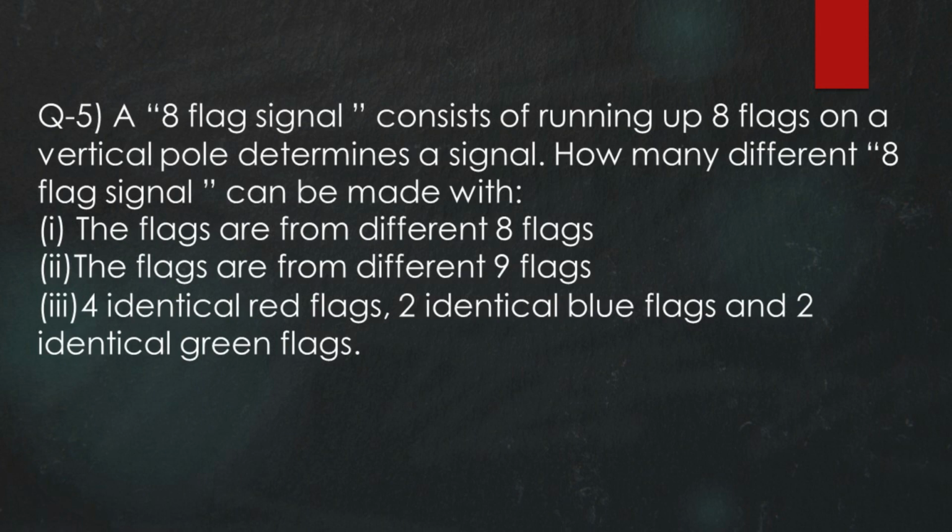An 8-flag signal consists of running up 8 flags on a vertical pole. Each arrangement determines a signal. How many different 8-flag signals can be made if the flags are from the different 8 flags? And if the flags are from different 9 flags? So we have to make an 8-flag signal, right?